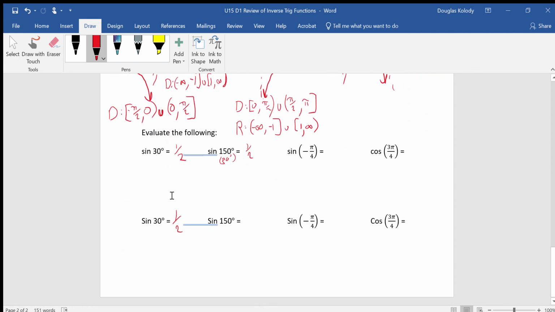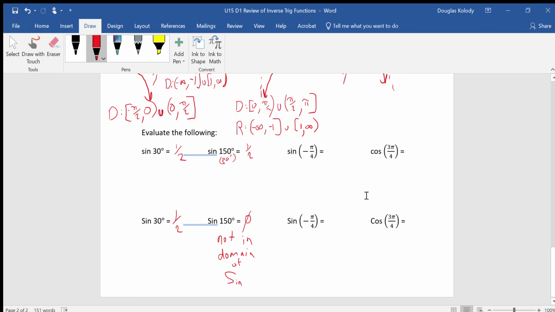So because 150 is in quadrant 2, this is a no solution right here. This is a no solution because it's not in the domain of sine.